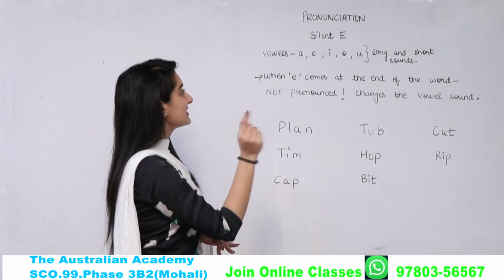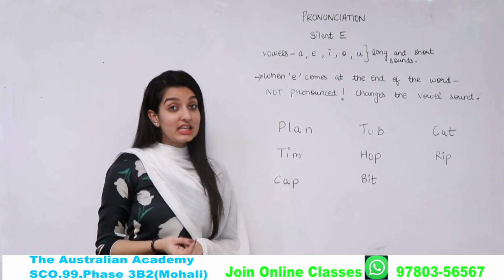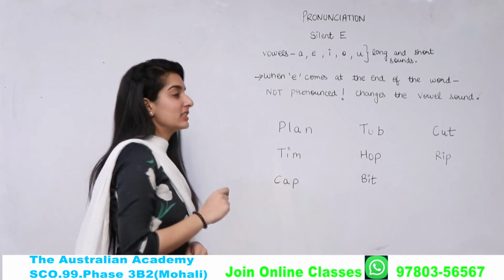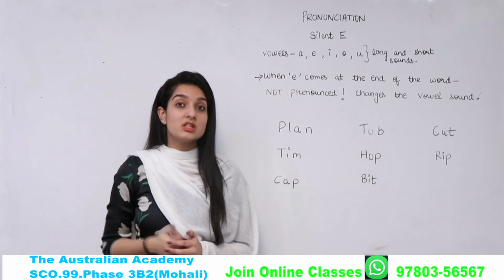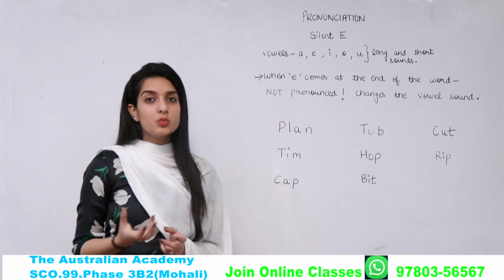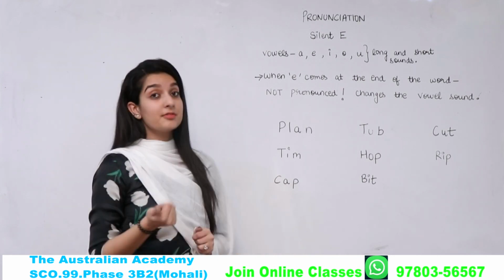Now when we see when the letter E is silent, we have to know certain things. The first being that we need to know what vowels are. In the English language, we have 5 of them.